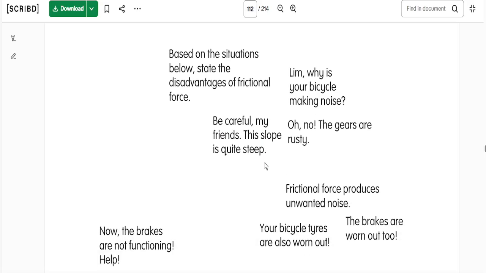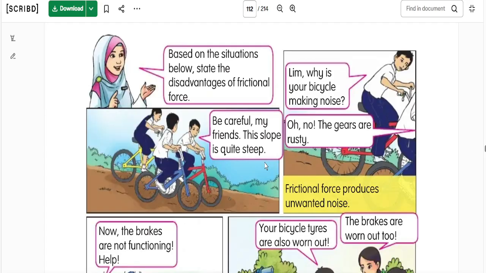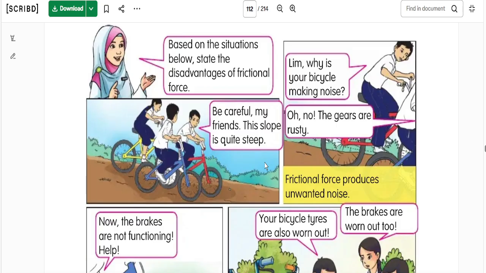So there are some situations where we can see the disadvantages of frictional force. If there is a slope, an area which is steep, then you have to be quite careful, because if it is steep you can slip, because of less friction force.